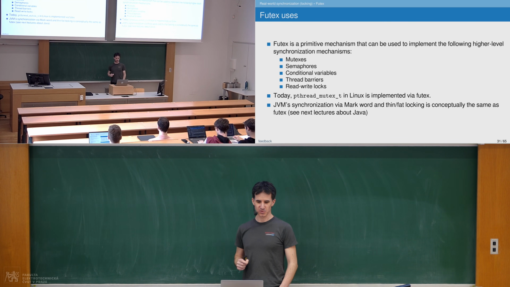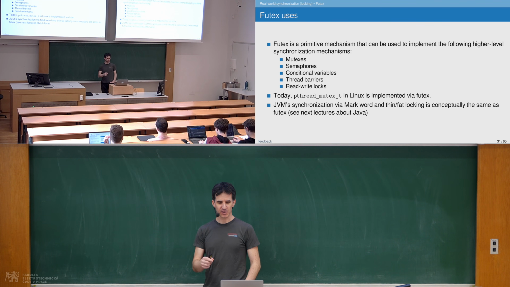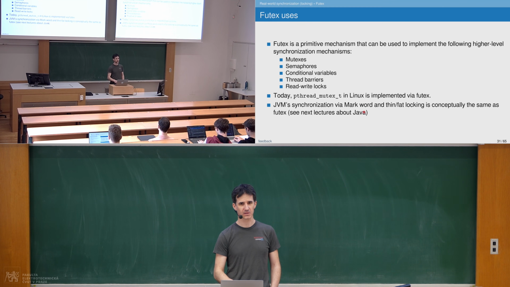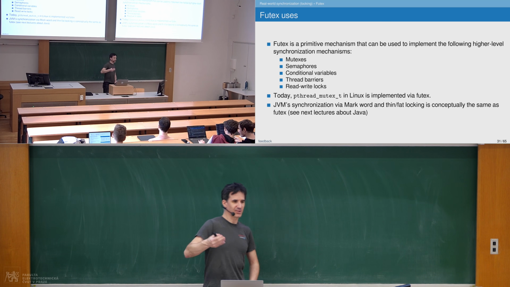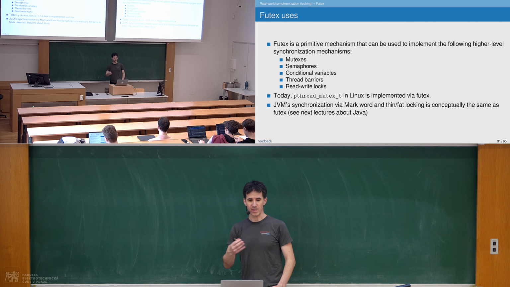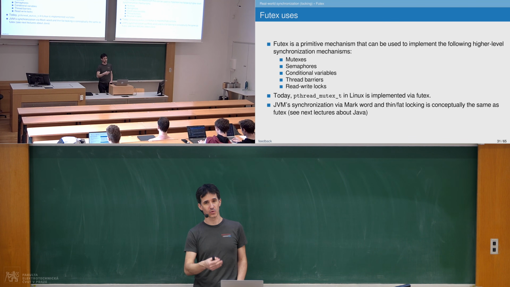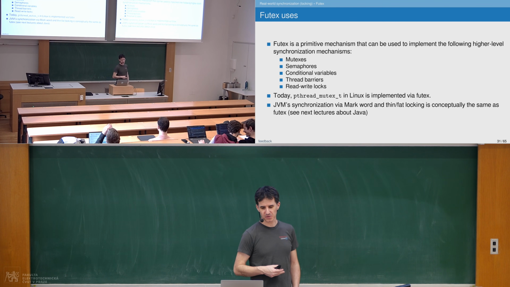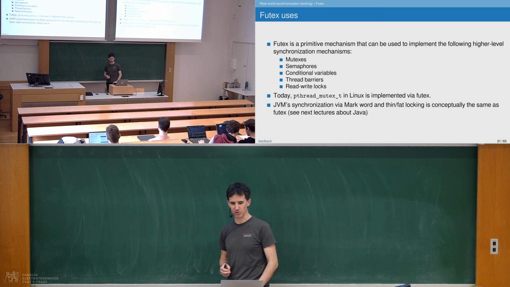This is used in Java to implement the synchronized keyword, and every object in Java has the mark word in its header, and thin locking is basically an atomic instruction on that mark word, and only if multiple threads want to lock or synchronize on the object, it calls the operating system and actually blocks. Otherwise, this is just an atomic operation.